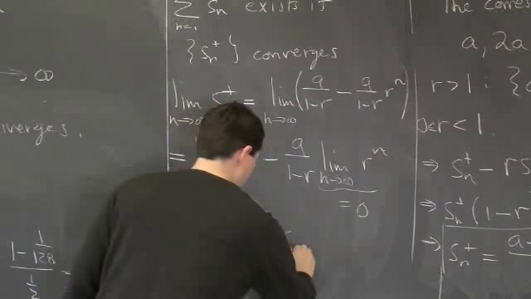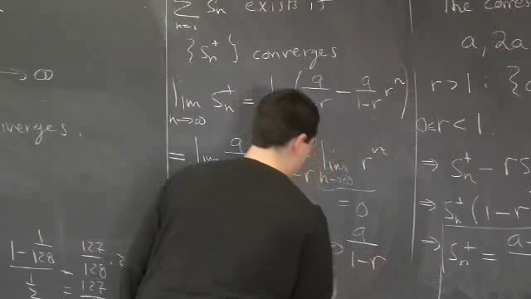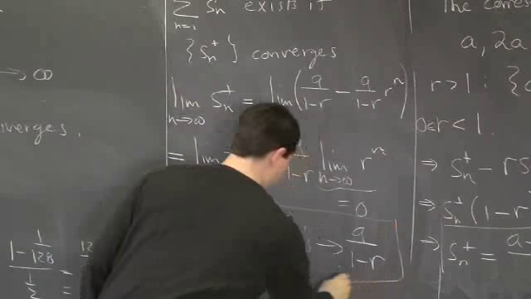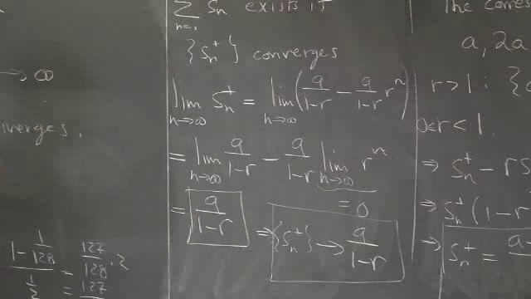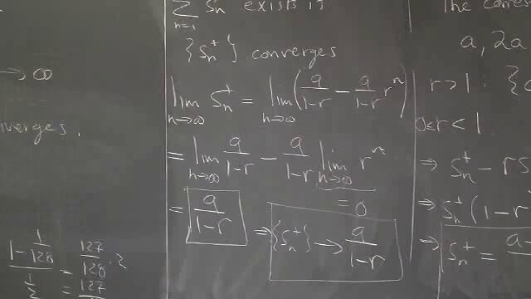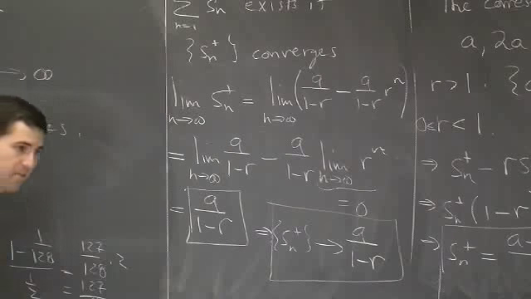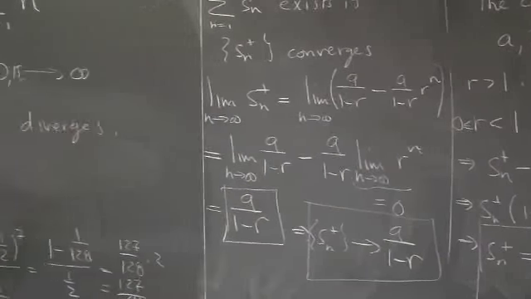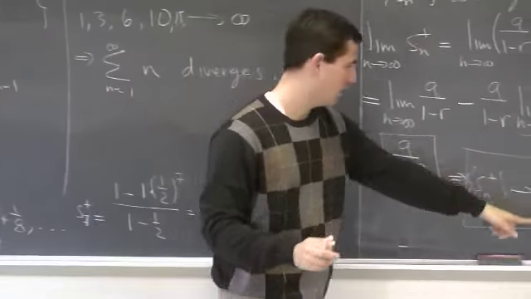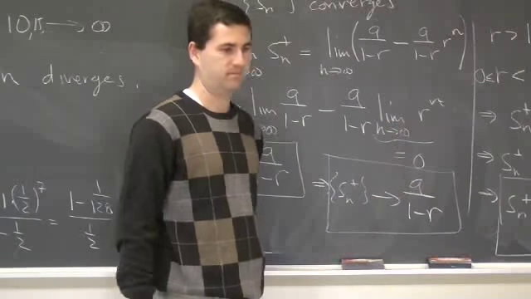So S_n converges to a over 1 minus r. And that's what the limit is. So in our case, if we wanted to add up 1 plus a half plus a fourth plus an eighth plus a 16th plus a 32nd plus a 64th and just keep going, add them all up, all we have to do is do 1 divided by 1 minus a half.